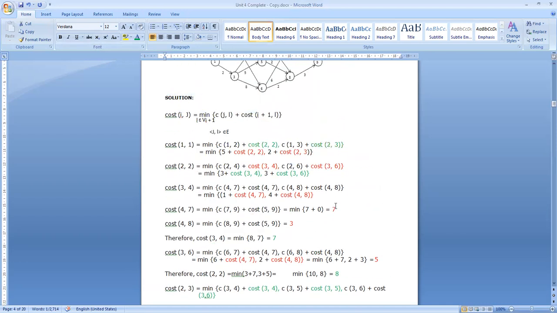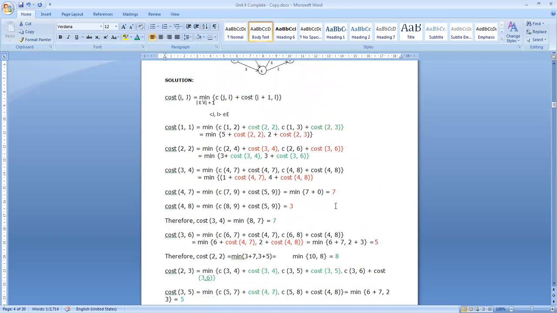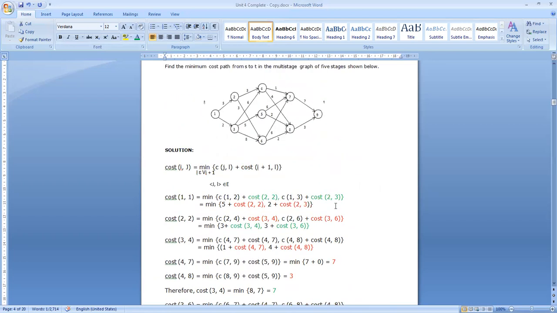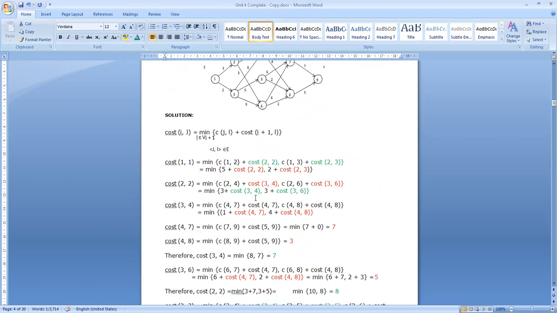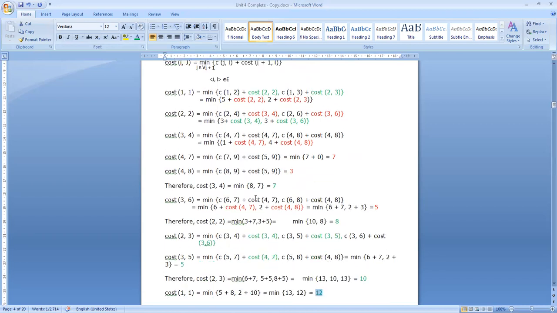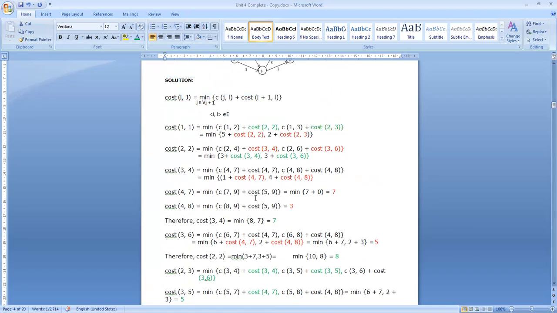So that is how we find the minimum cost path from the source vertex 1 to the sink vertex 9 in this graph. So this way we solve this multi-stage graph. It is a very simple, very beautiful example.